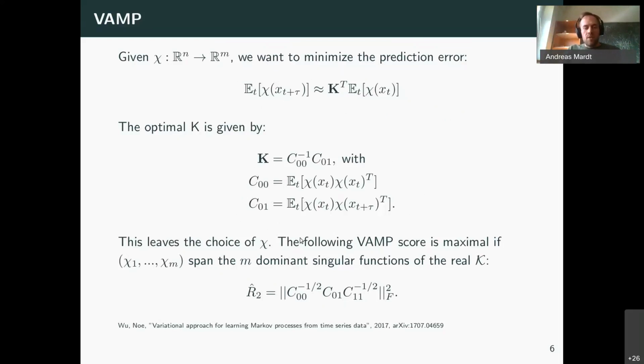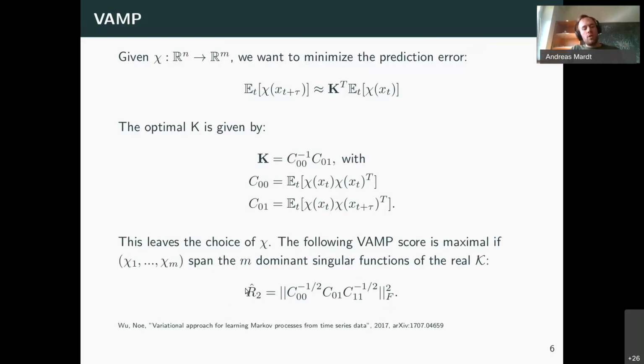And what VAMP says is that you can define a score, the VAMP score, which is maximal if these chi's can span the dominant singular functions of the real Koopman operator. It gives you a score where you can see which choice of chi is better than the other, because it's approximating the real Koopman operator better.